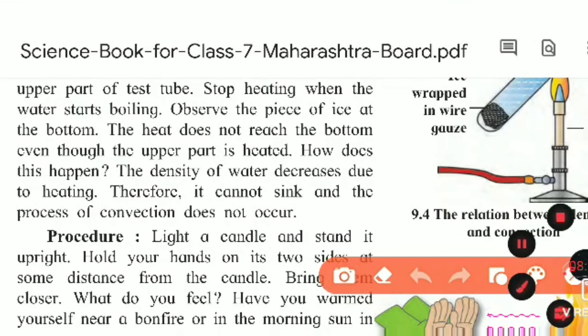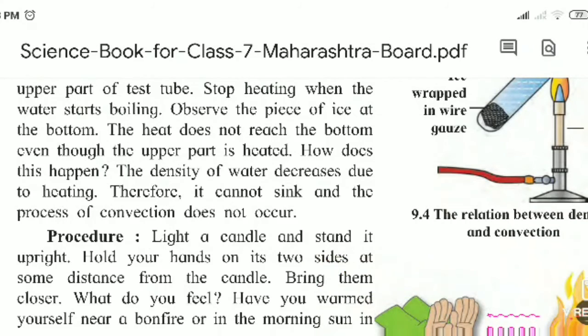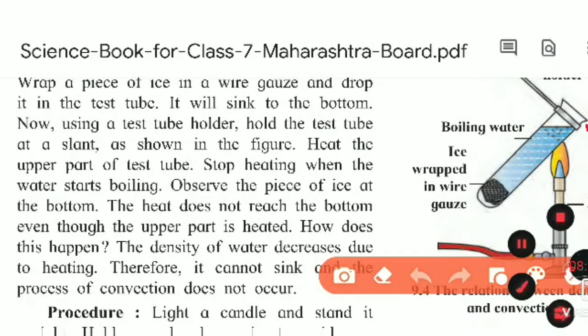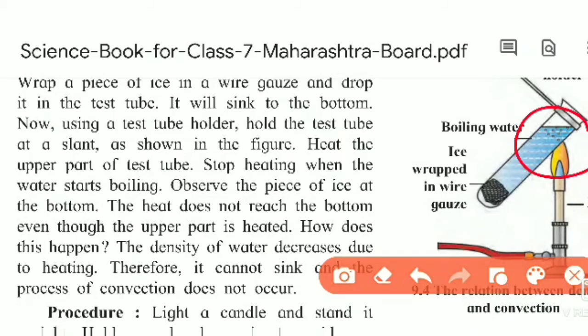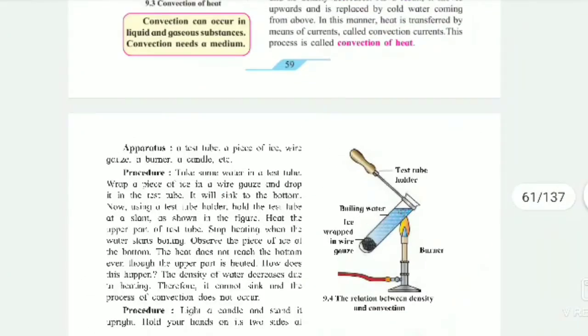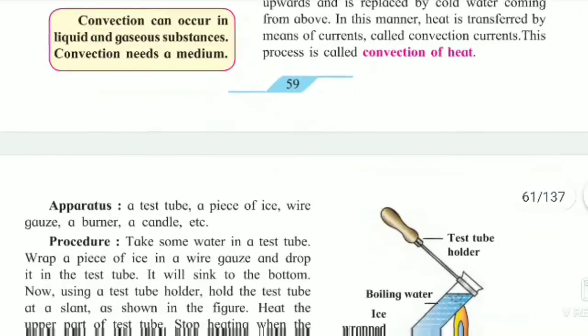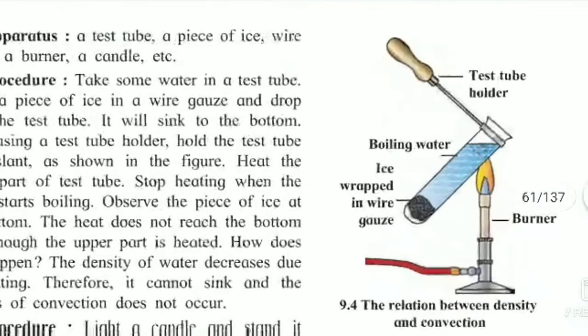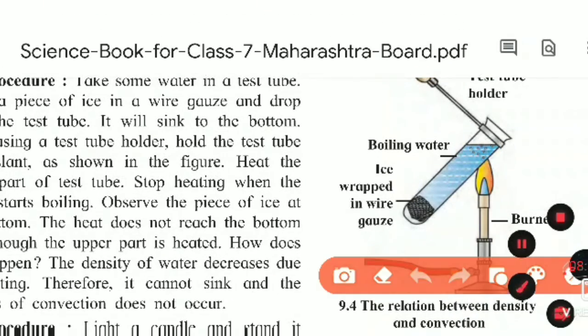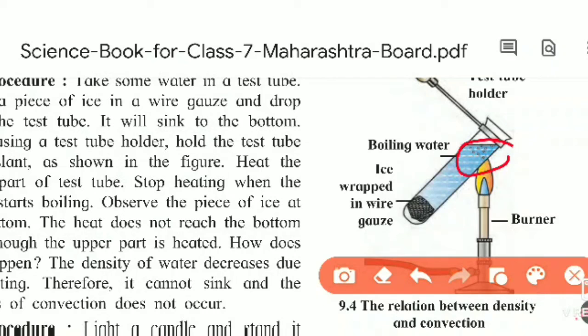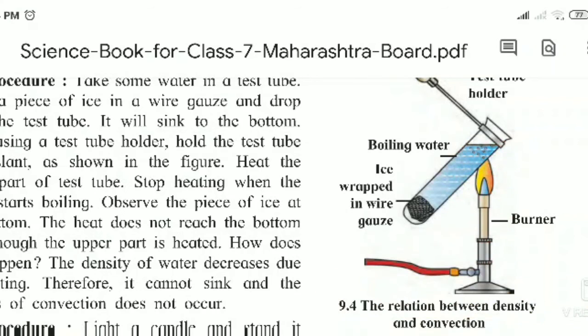Here convection does not take place in the second activity. Understand? Liquid needs convection. Convection does not take place because the water from the upper layer becomes hot, its density decreases, and it remains at that position only.